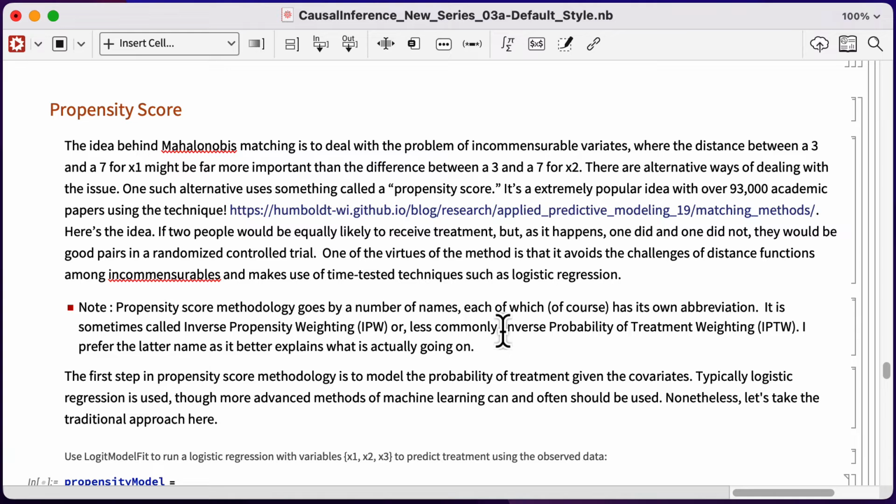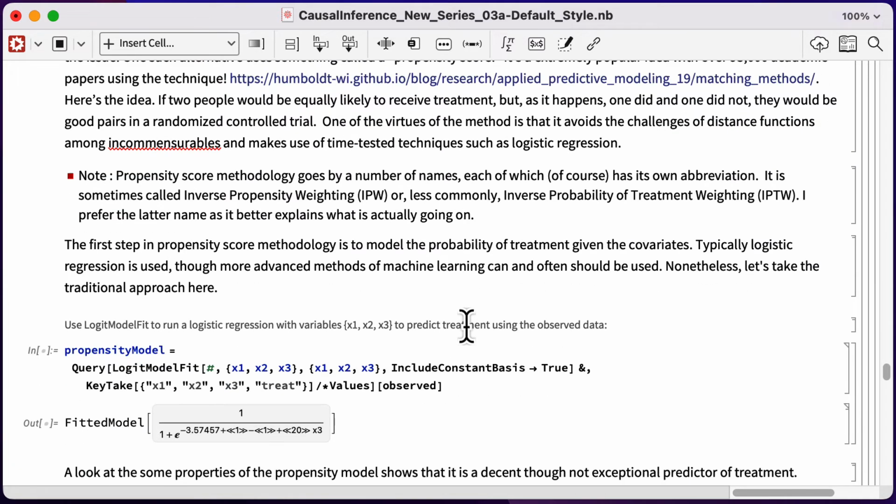Okay, so here's how we're going to do it. The first thing we're going to do is figure out what determined whether people got treated or not. This is just a logit model fit, a logistic regression, where we're running x1, x2, and x3, not on the outcome, but on whether they got treated or not.